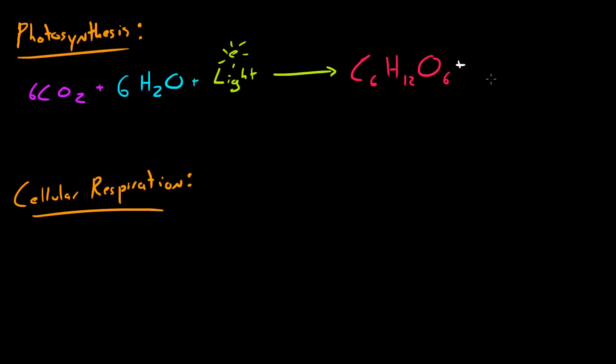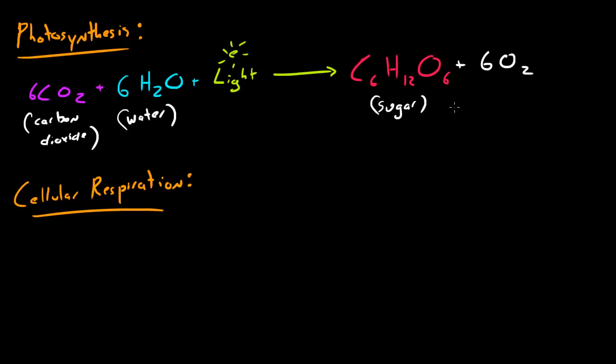In order for this to be a balanced equation, it would be 6O2, which is oxygen. So that's basically what photosynthesis is: carbon dioxide, water, and light, and a product of this is sugar, which is the food the plant can use for energy, and oxygen.